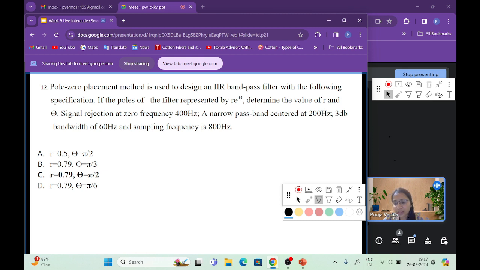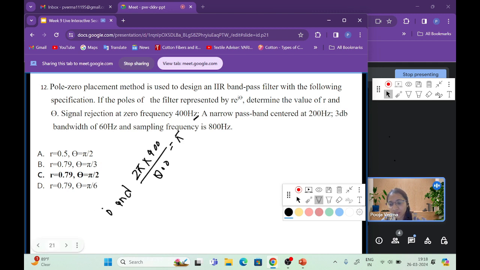So zeros are placed at an angle of 0 and at 2 pi times 400 divided by the sampling frequency, which is pi.